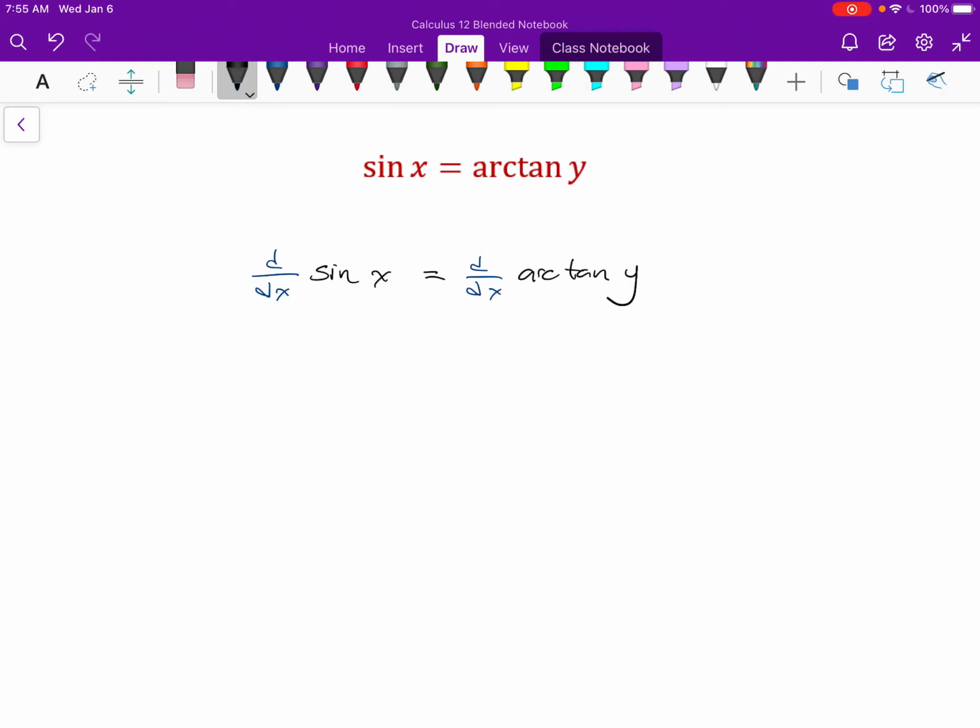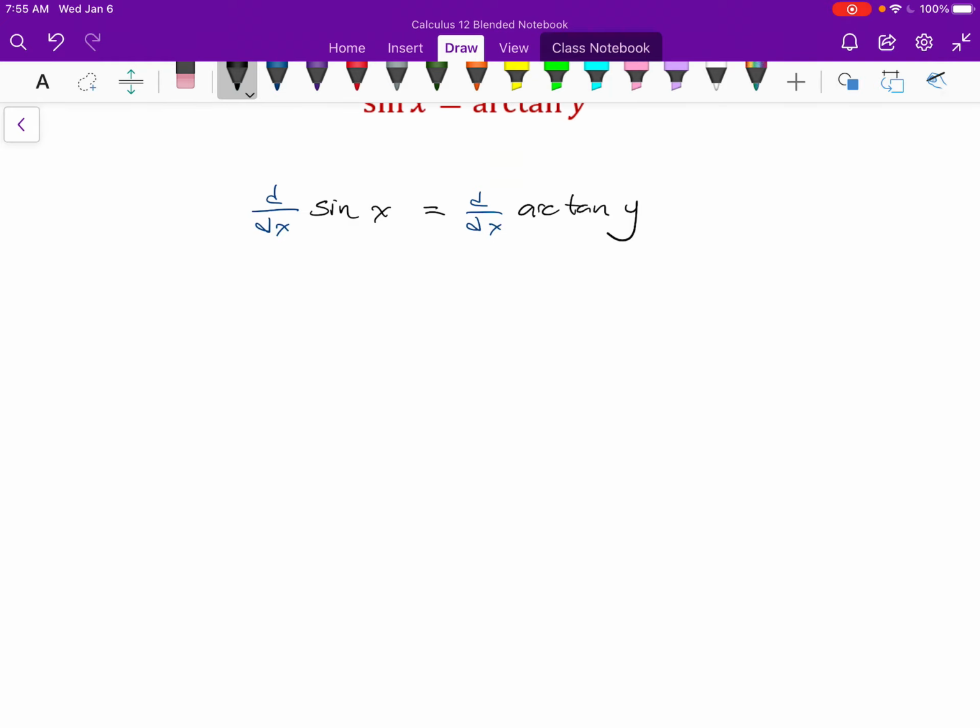All right, left-hand side, pretty straightforward. The derivative of sine x with respect to x is just cos of x. The right-hand side, we have to use the chain rule again. And so first, the derivative of arctan is 1 over 1 plus, in this case, y squared, times the derivative of the inside function, which is just y prime.